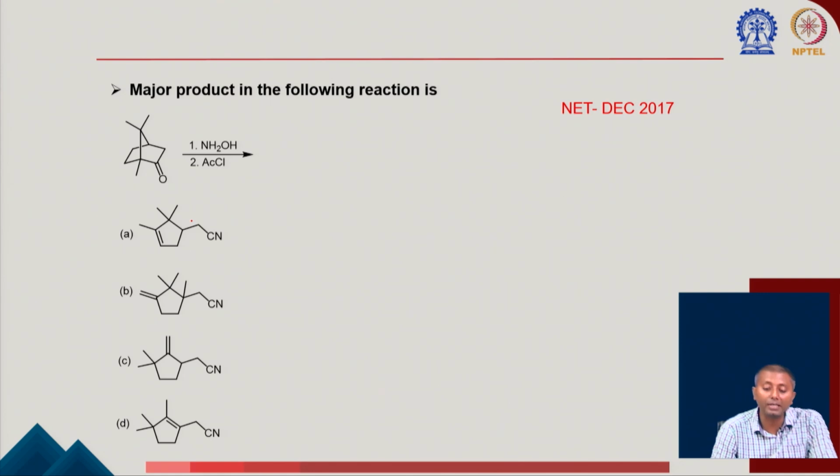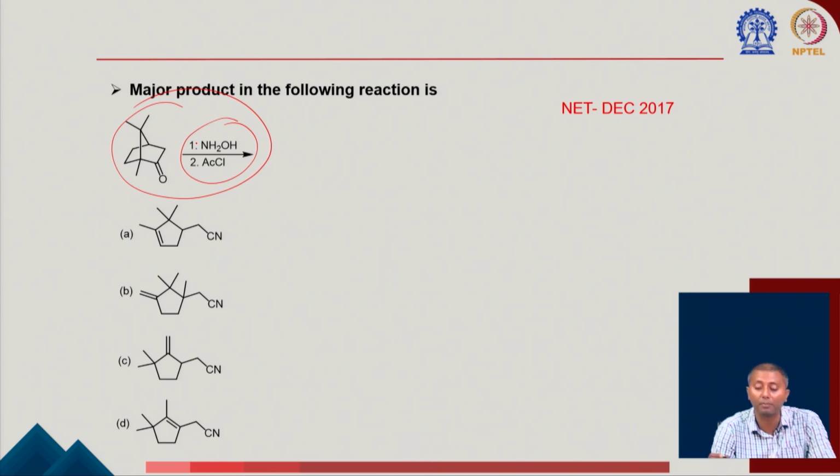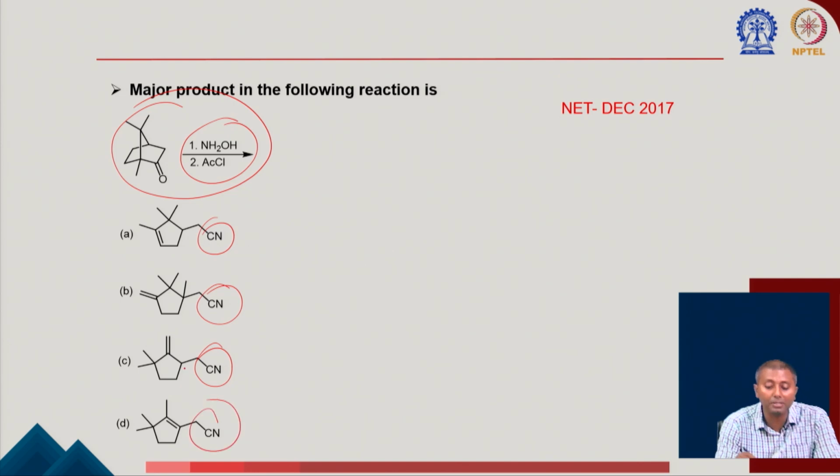Major product in the following reaction is, once you see a carbonyl compound, NH2OH, and acetyl chloride, you can think about the Beckmann fragmentation or Beckmann rearrangement. So now what is going to happen here, let's try to see. From the product we can clearly understand there is a CN here, and CN formation happens only from the Beckmann fragmentation.